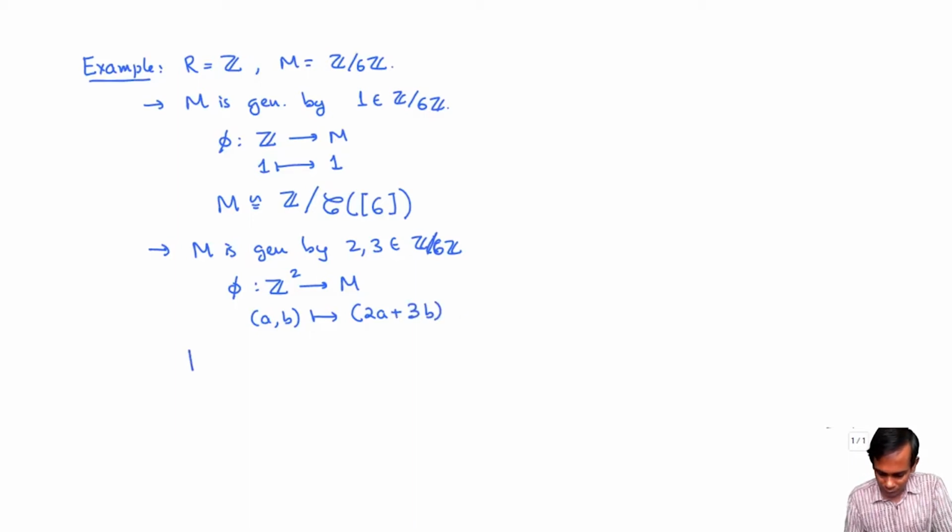What is the kernel of phi? Okay, so we would like those pairs a comma b such that 2a plus 3b is a multiple of 6.